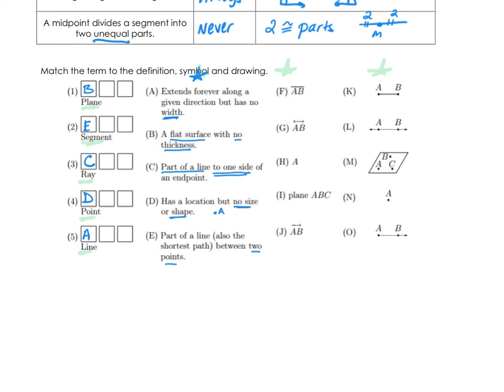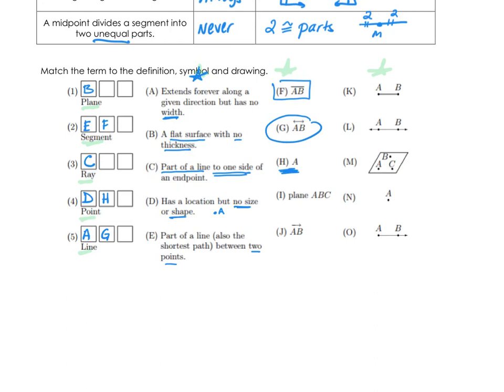All right, into the next column, we've got notation. This first one, F, there are no arrows on the end of that segment, so it is a line segment. This one has arrows, so this one is a line. For H, there's a single letter, that's a point.